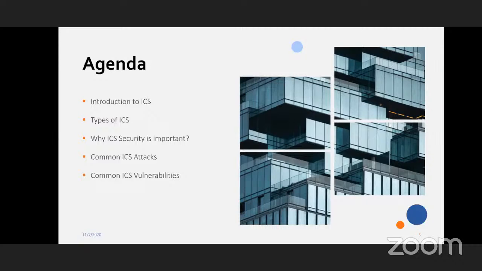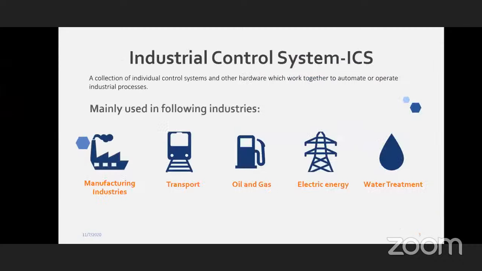It will be a general overview; I won't be individually covering different attacks like Stuxnet, Triton, Black Energy, but rather a general perspective of malware attacks and similar other attacks. Apart from that, I will cover common ICS vulnerabilities.